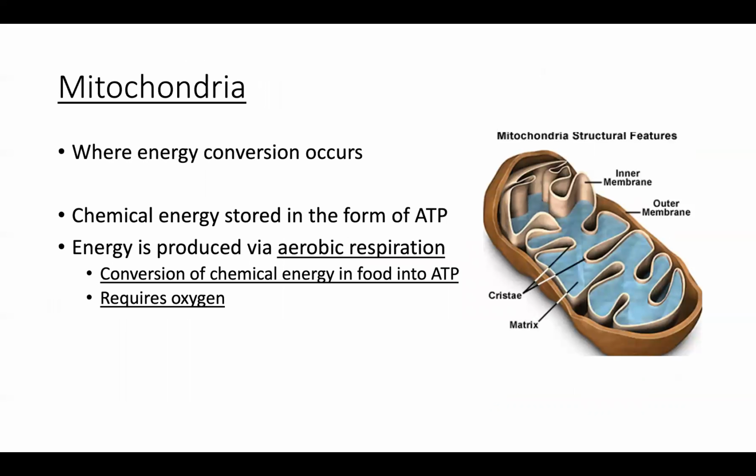The mitochondria is an important structure in this eukaryotic cell where energy conversions take place. All right, so chemical energy stored in the form of ATP is going to be generated in this mitochondria. Okay, energy is produced through aerobic respiration in animals, and we'll talk about that in another chapter.